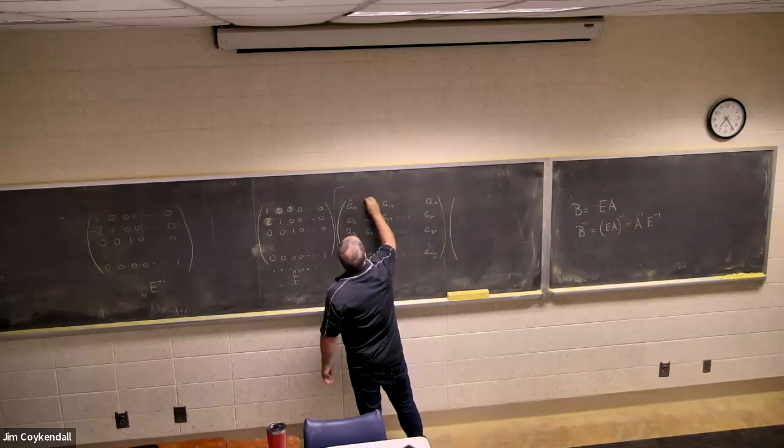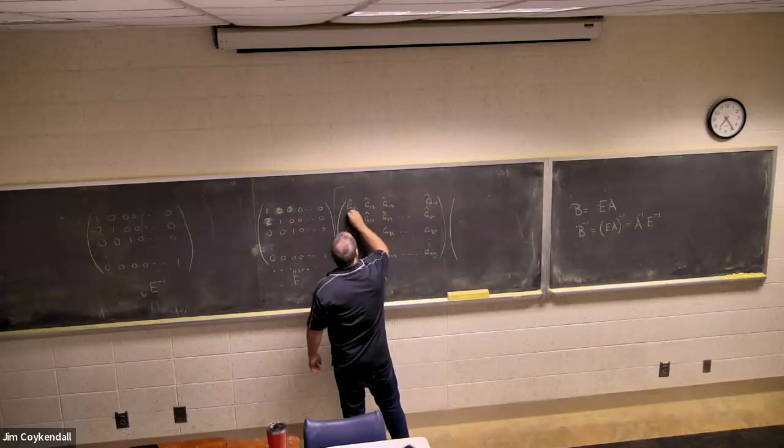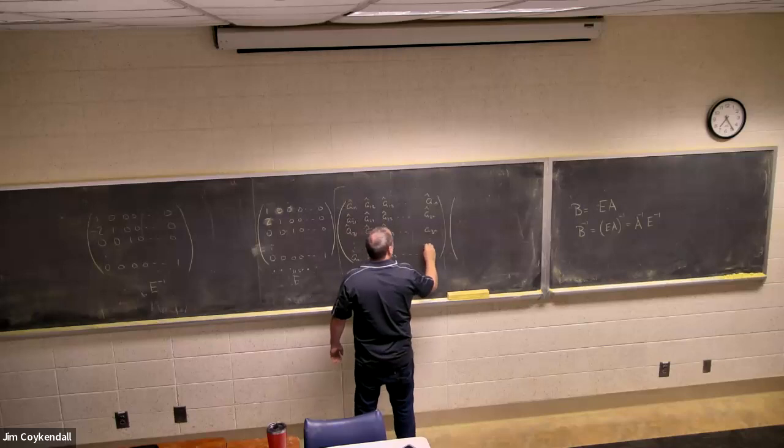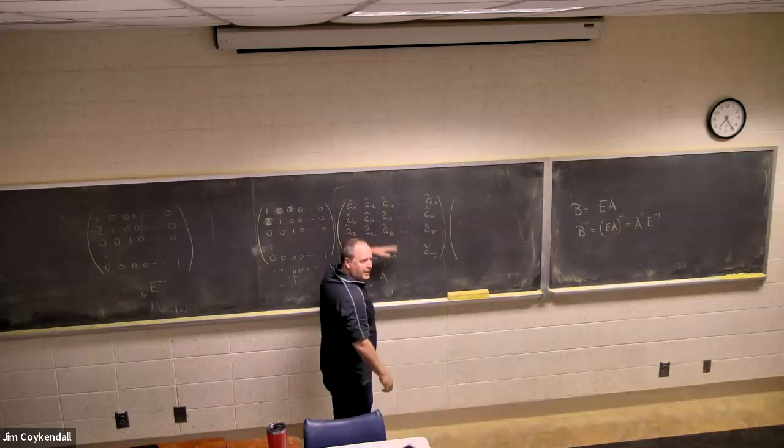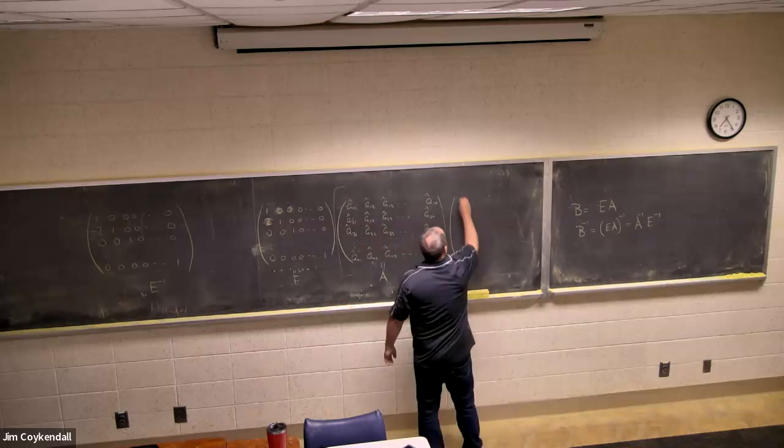Here, I'm going to put a little house on this, and the reason is this isn't the original A, this is A inverse, so some of these values might be different. Now you're going to multiply A inverse on the right to B inverse.